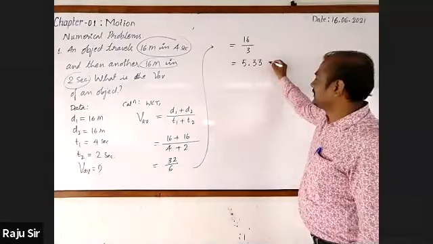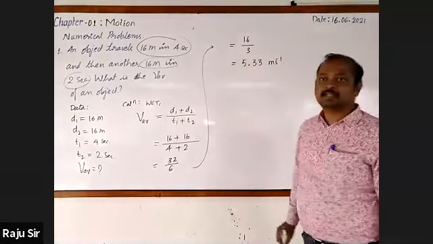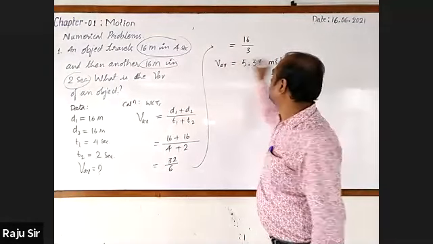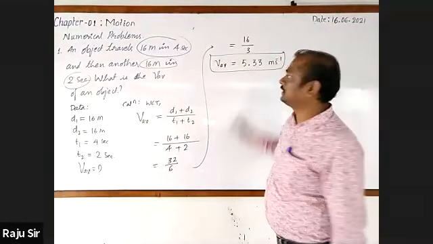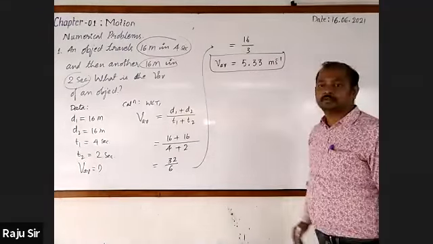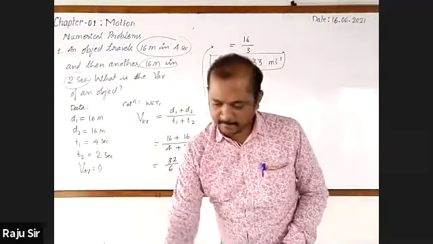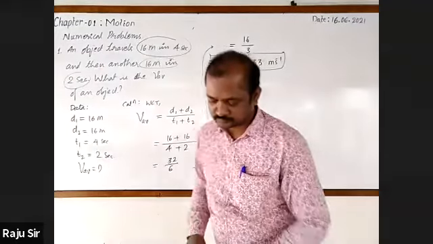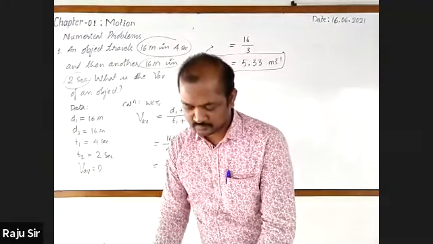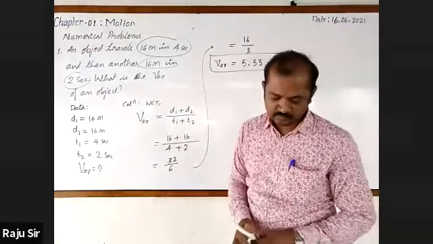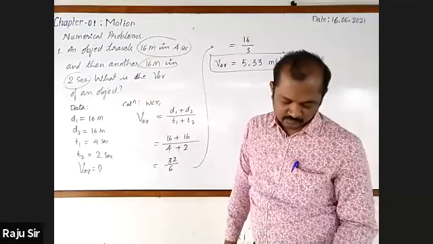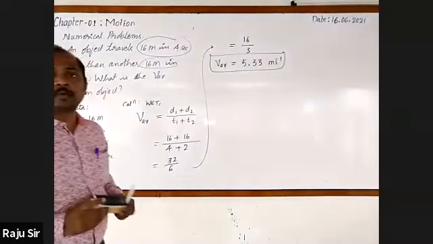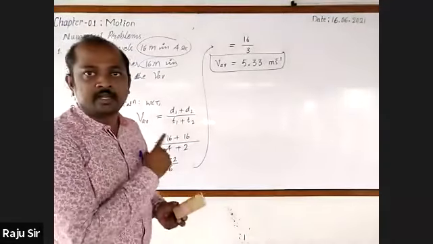It is meter per second. Right. V_av is equal to 5.33 meter per second. Shall I rub it?